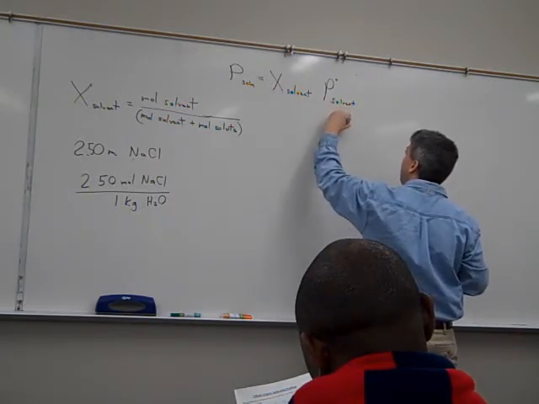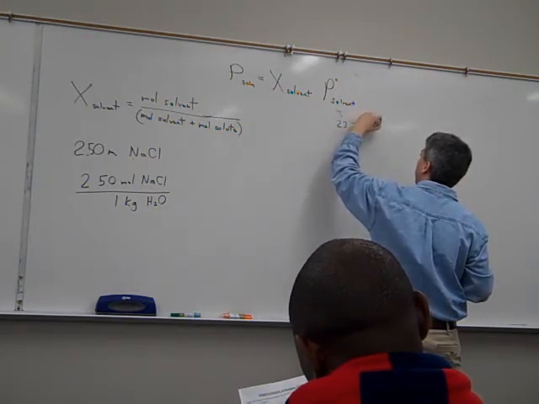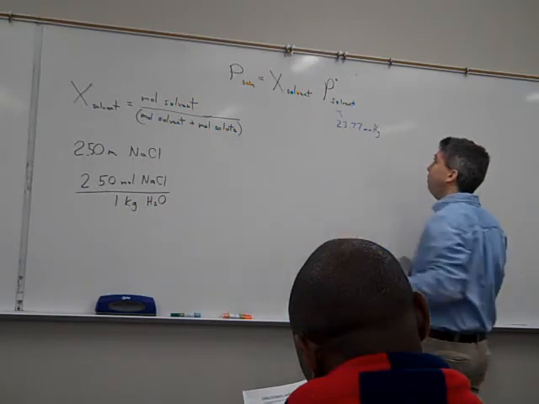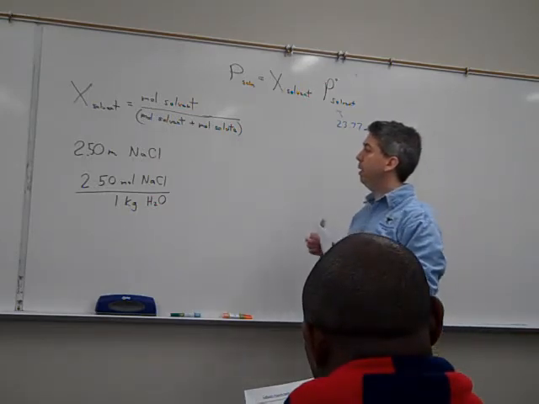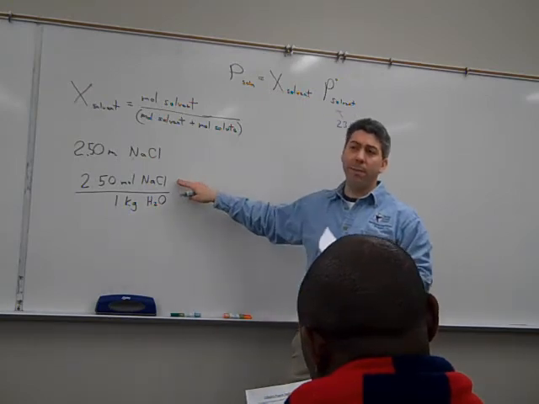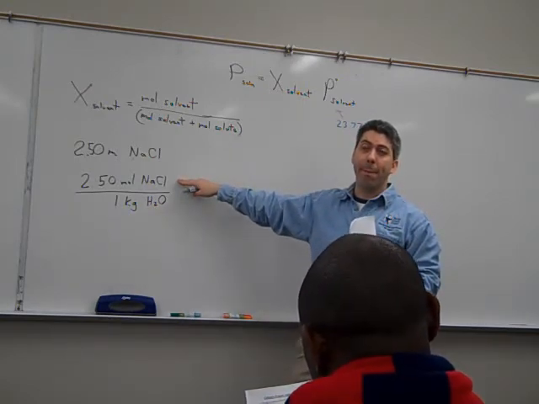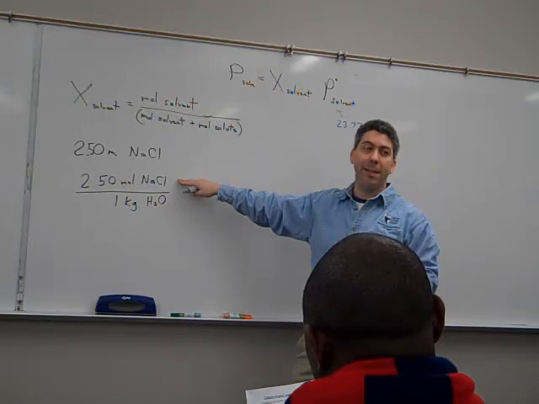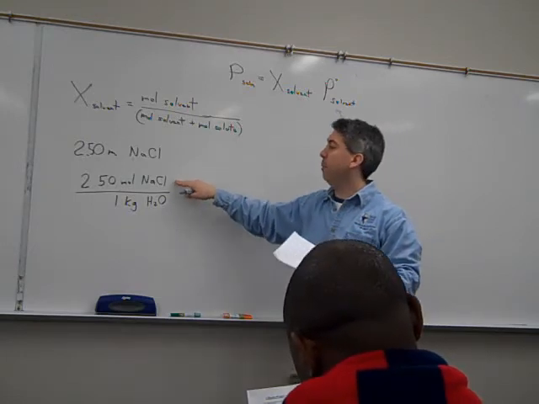So this is 23.77 millimeters of mercury. So I just need to find the mole fraction of the solvent. Well, fortunately, I have the moles of something. What is this the moles of? The solute, right? This is the moles of the solute.